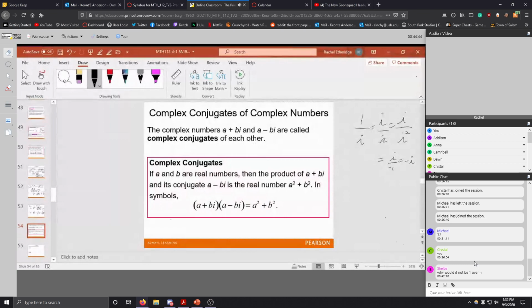Well, sometimes you're going to have things where, if you remember, we had like maybe 6 minus the square root of 2 as a radical, and we had to use the conjugate to get rid of that radical. Like that, the conjugate just means to change the sign of the middle number, and it creates the perfect squares.